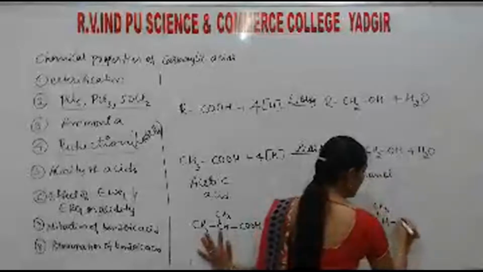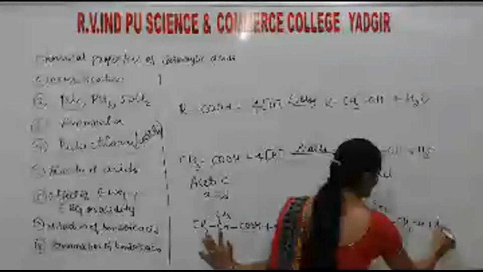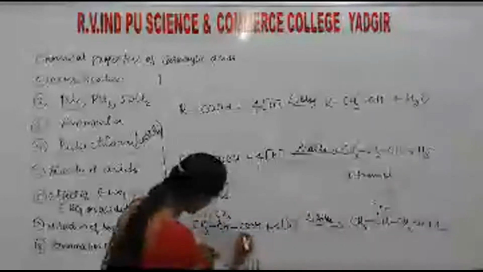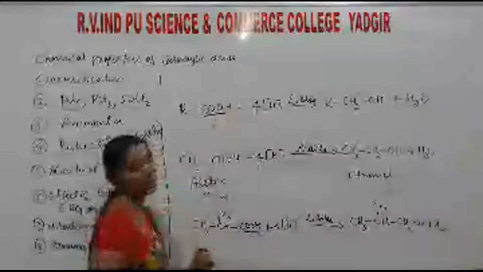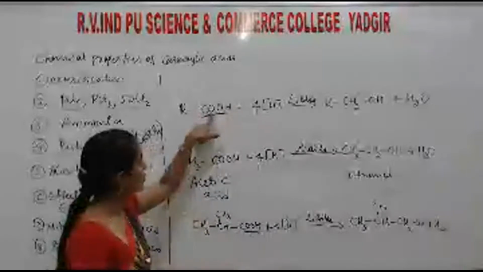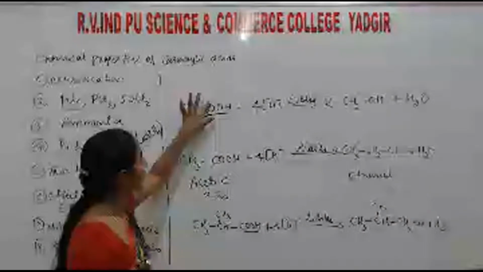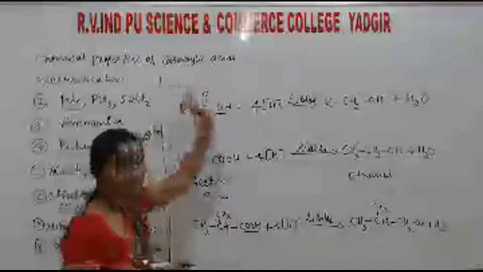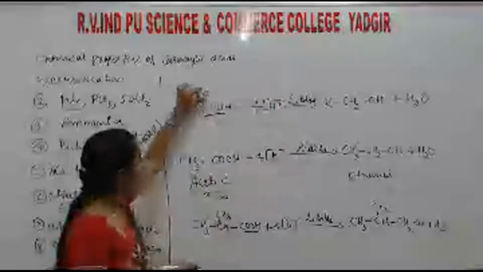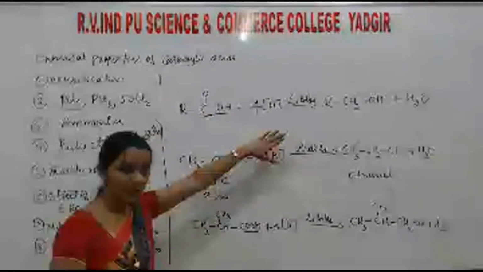CH3 is same. Here it is CH2OH plus H2O. Means reaction taking place only at COOH. Changes to CH2OH. Here see, it is double bond O, correct? This double bond oxygen is removed, and to this, H2 is added. That is the reaction taking place.